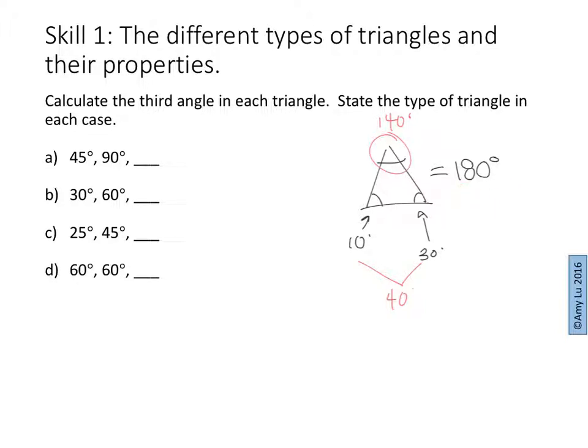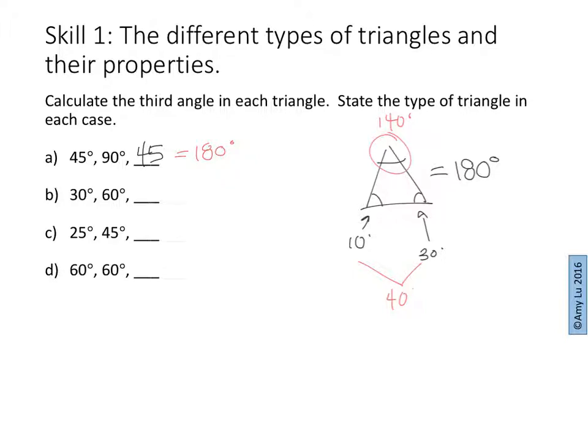So now stop the video, solve for the missing angle, and tell me what type of triangle they are. Pause. So in the first case, this triangle is 45, 90, 45 because this adds up to 180 degrees.